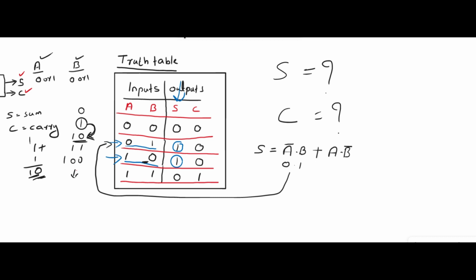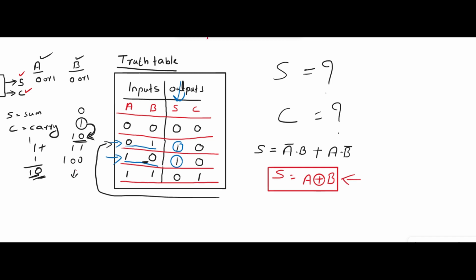So finally we can write the sum as S is equal to A XOR B, because A bar B plus A B bar is the logic expression of the XOR gate.